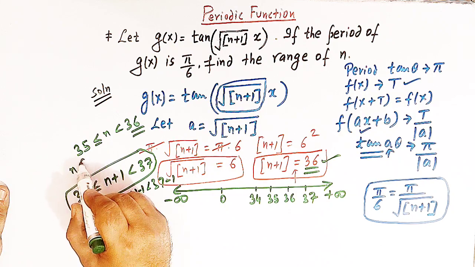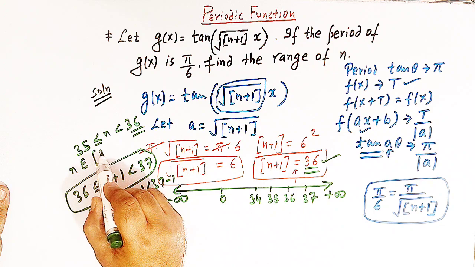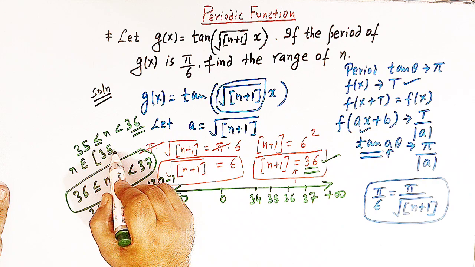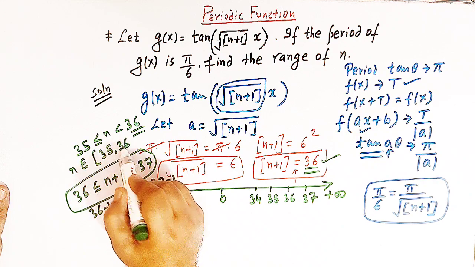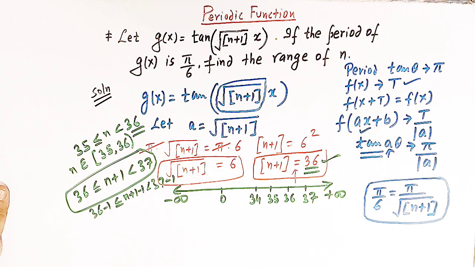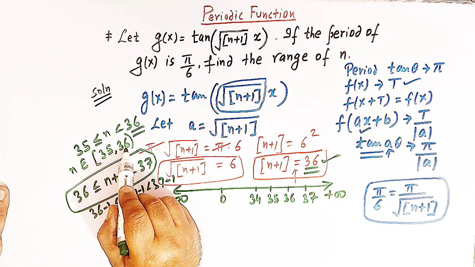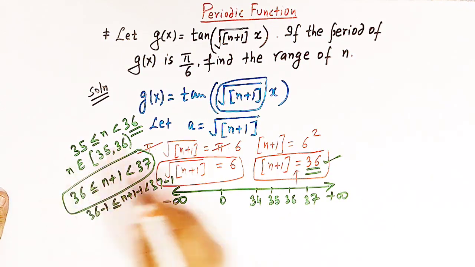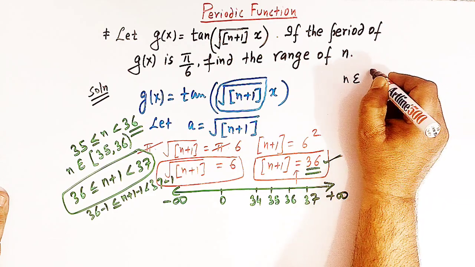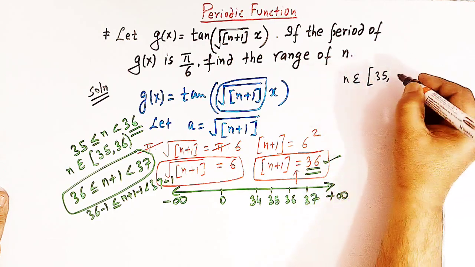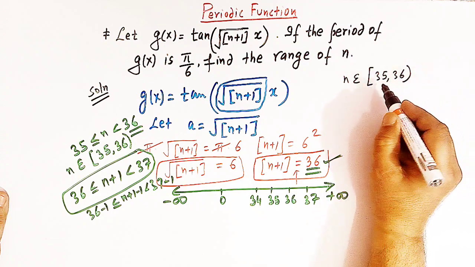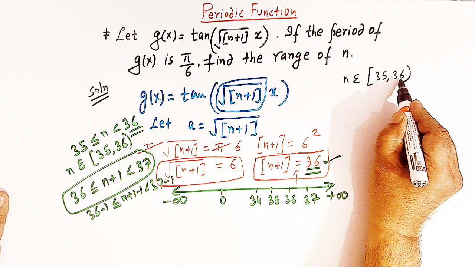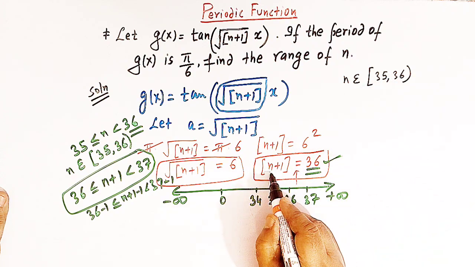We can write n belongs to the interval 35 to 36, closed at 35 because 35 is included, and open at 36, which implies that 36 is not included. So whenever n belongs to this interval, it satisfies this equation.